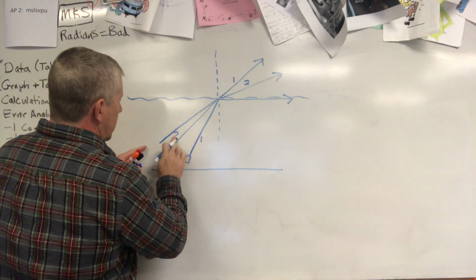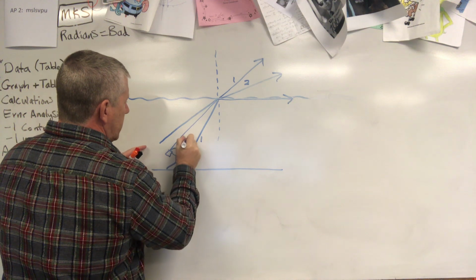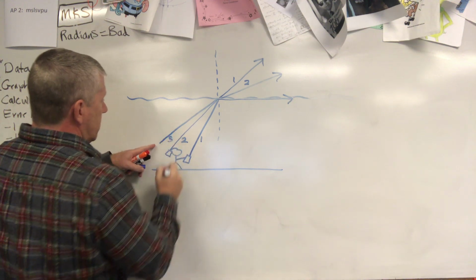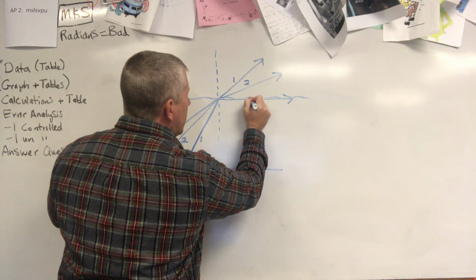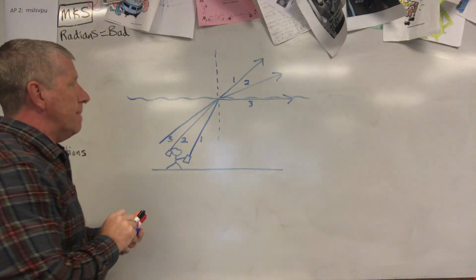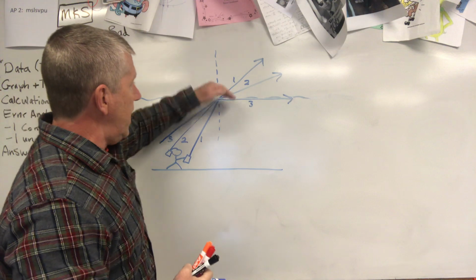Here's line 3, and line 3 gets a refracted angle that rides right along the boundary. That gives me an angle of refraction of 90 degrees.